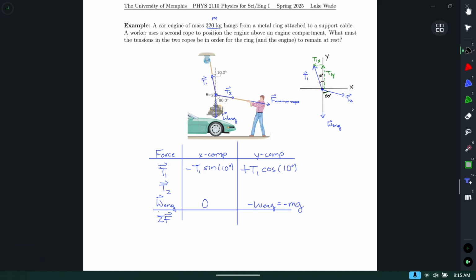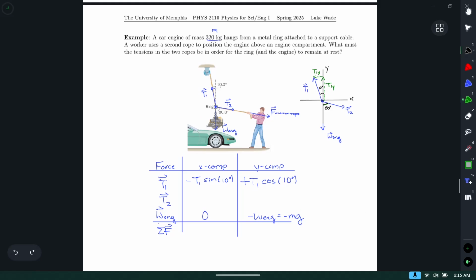All right, for T2, tell me about its components. With T2, could you do T2 cosine 10 for the X component? I got 10 from the 80. Yeah, that's totally fine to do. So in that case, you would probably draw your components like this, so that the X is adjacent to the 10-degree angle, and so you would use cosine.